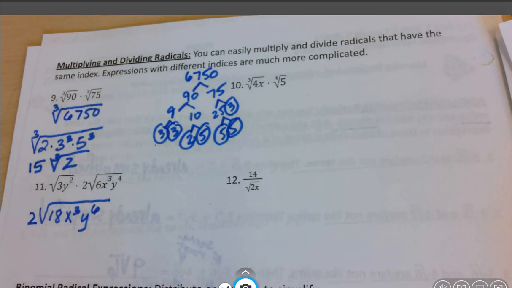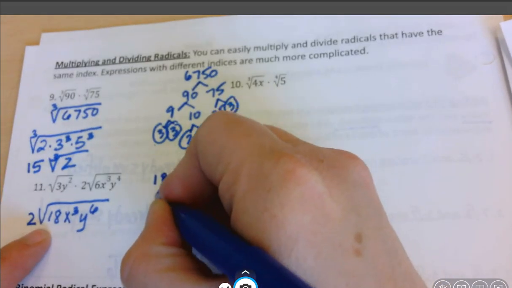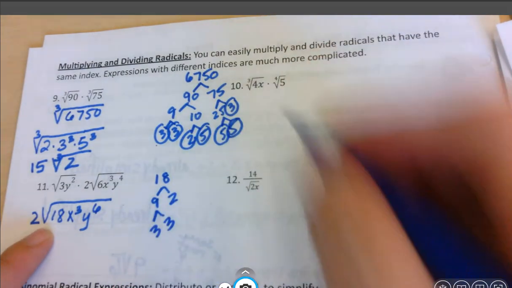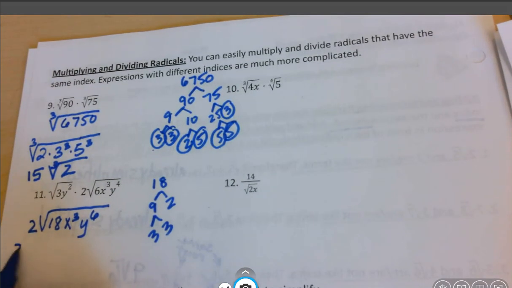All right, this is a square root, so we need 2 of things in order for it to come out. I'm going to do the factor tree for 18. So I have 2 square root 3 squared times 2.